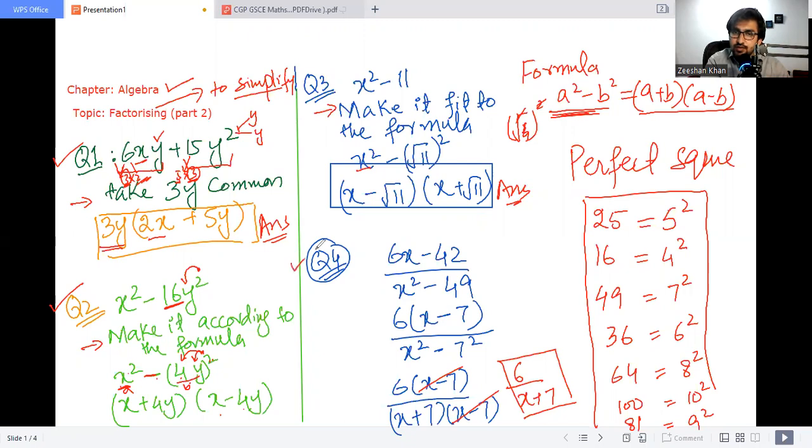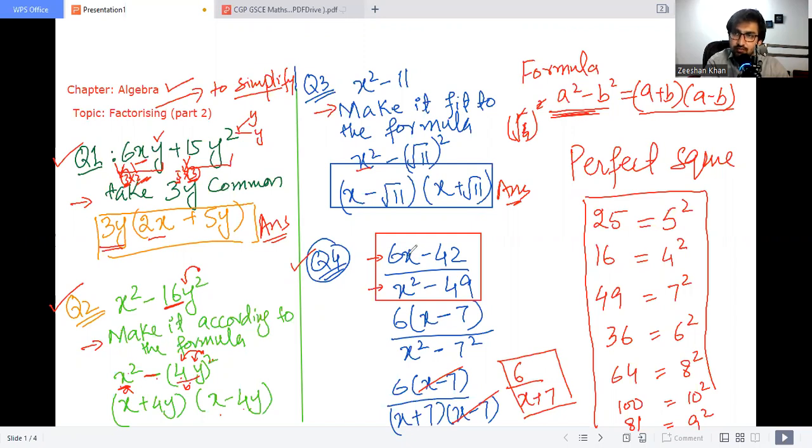Okay, in question number 4, 6x minus 42 over x square minus 49. Now, if you see, this is the numerator and this is the denominator. So we have this expression. In the numerator, we can only take common, nothing else.